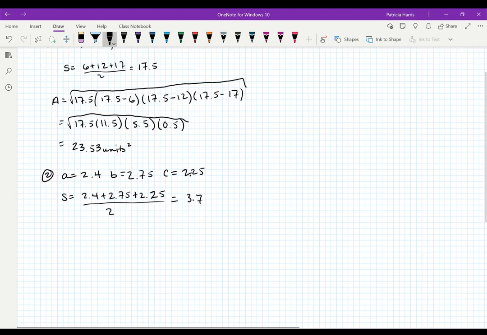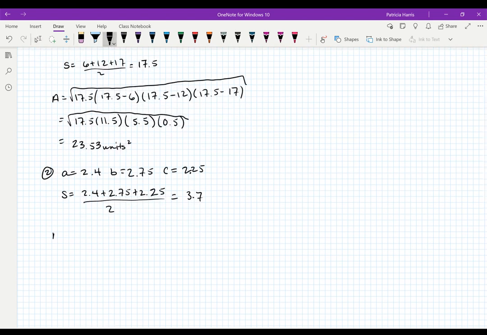And again, to find the area, take the semi-perimeter, and then the difference of the semi-perimeter and the side. Don't forget your square root.